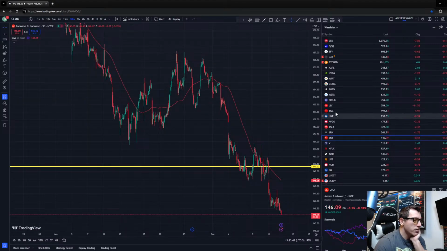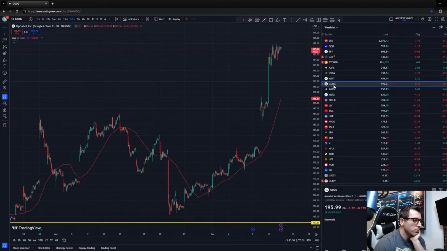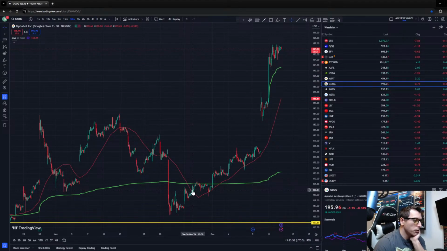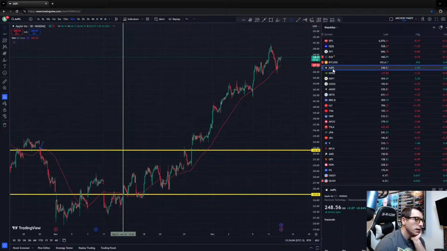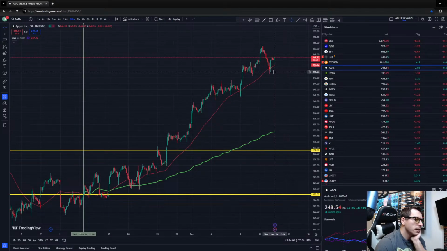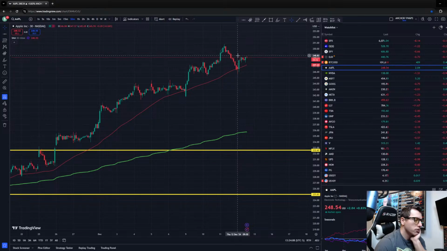Hence not looking at things like Google, because Google started long weeks ago, right? Not looking at Microsoft. Microsoft started long weeks ago. Not that these things can't keep going, but I'm looking for uptrend starts, which would not be something like Apple, even though it did do a little bit of an uptrend bounce start today.